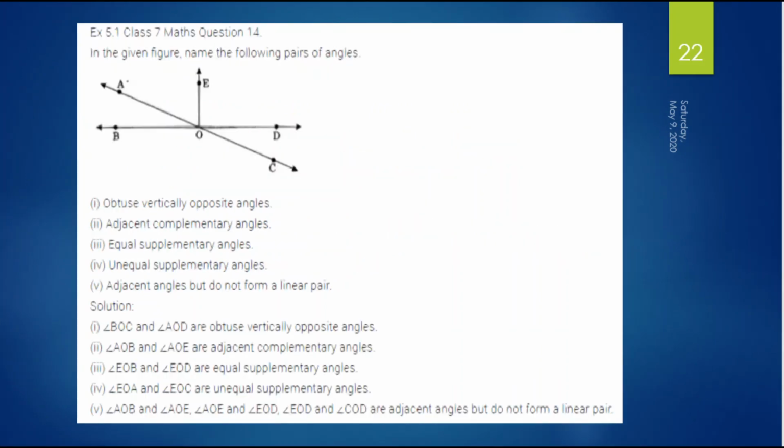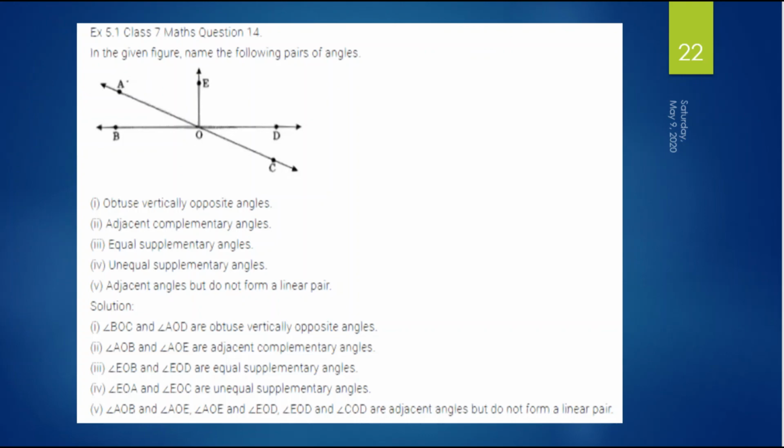Coming to the last question, in the given figure, name the following pairs of angles. You have been given a figure in which you need to find the obtuse vertically opposite angles, that is angle BOC and angle AOD. Then adjacent complementary angles are AOB and AOE.